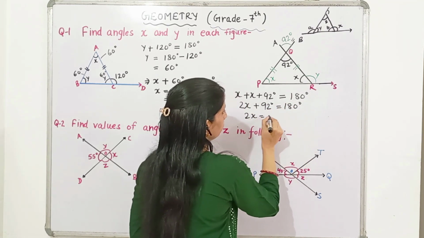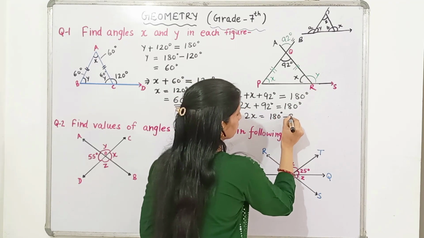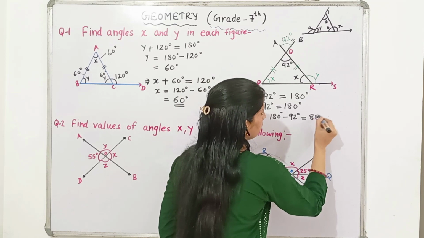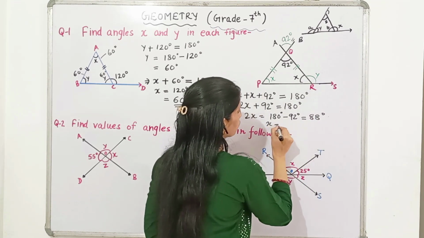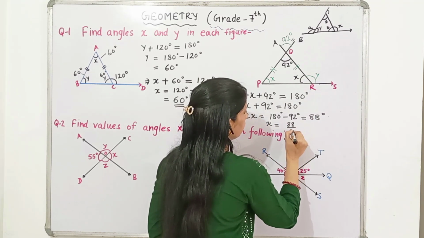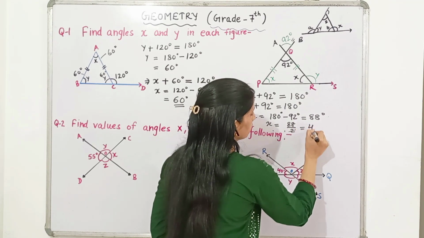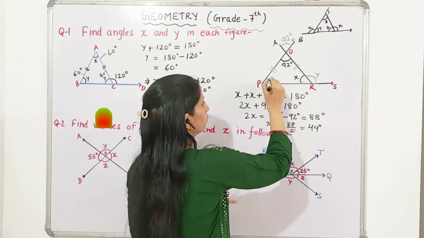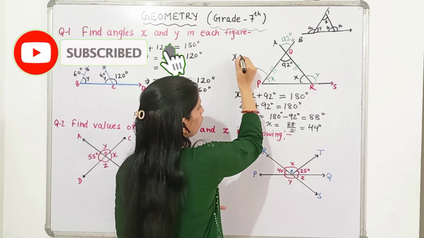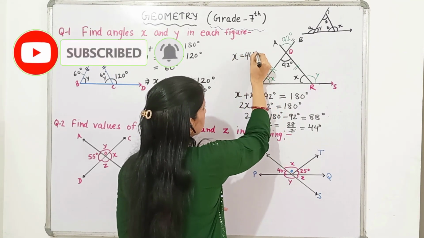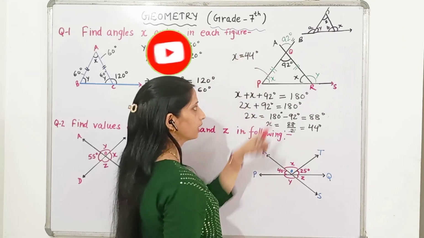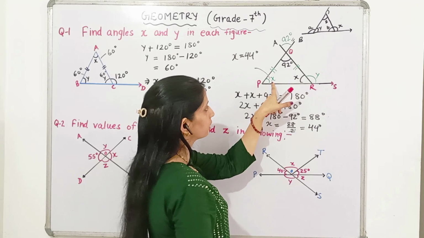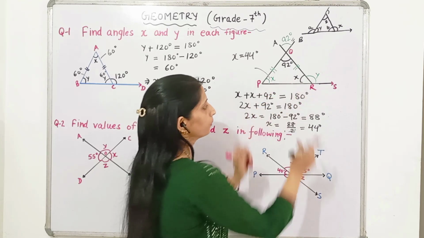So 2x will be 180 degrees minus 92 degrees. When we subtract this, we will get 88 degrees. So the value of x will be 88 divided by 2, that is 44 degrees. Now we know the measure of this x. This means x we got, x is 44 degrees. And this angle also we know is 92 degrees. So this is 44, and this will again be 44.